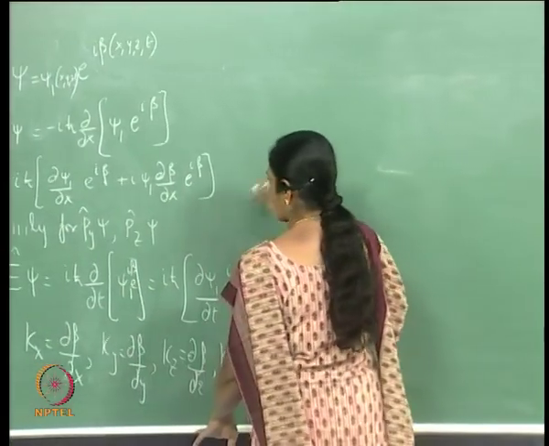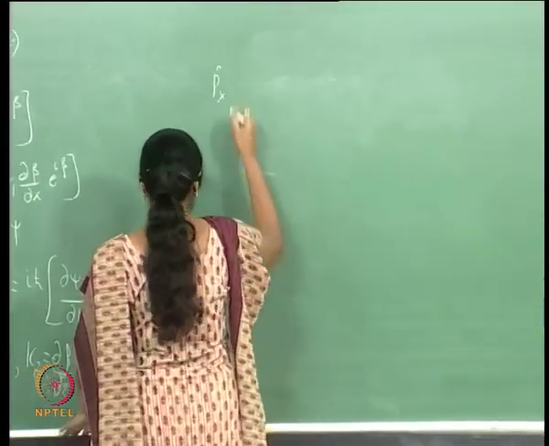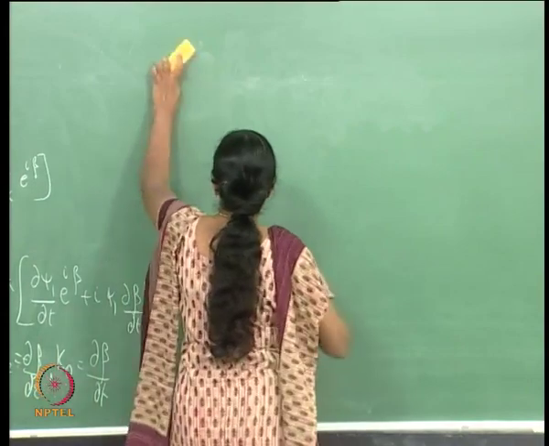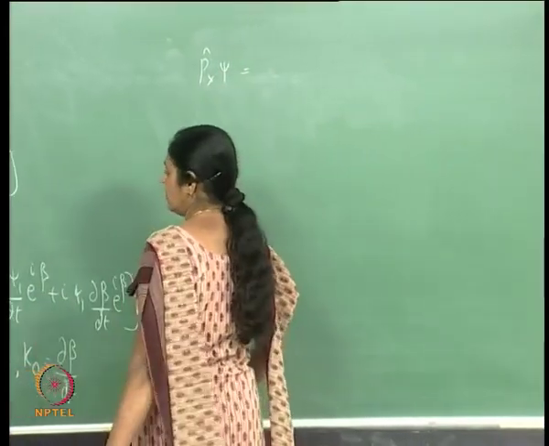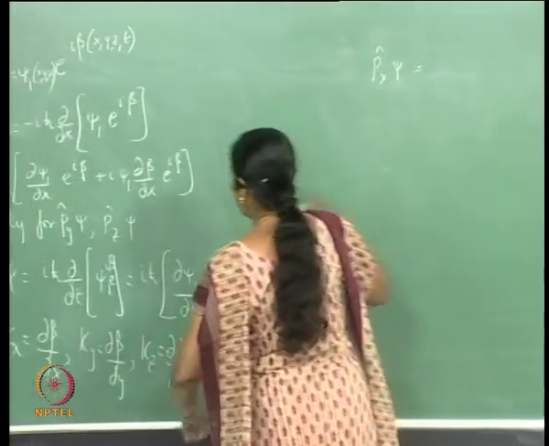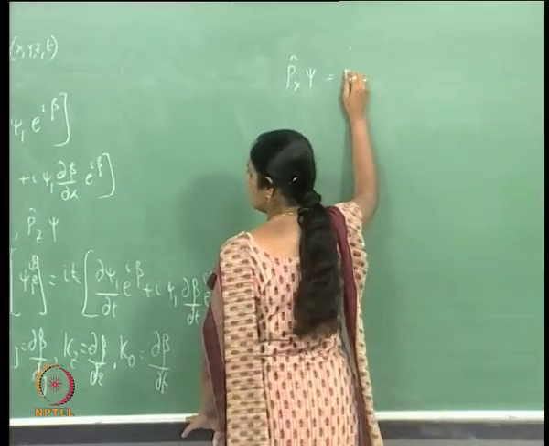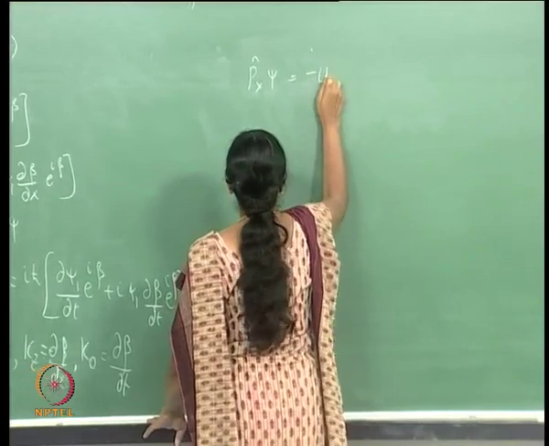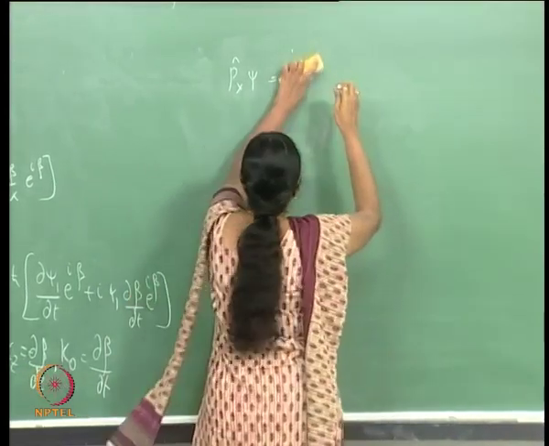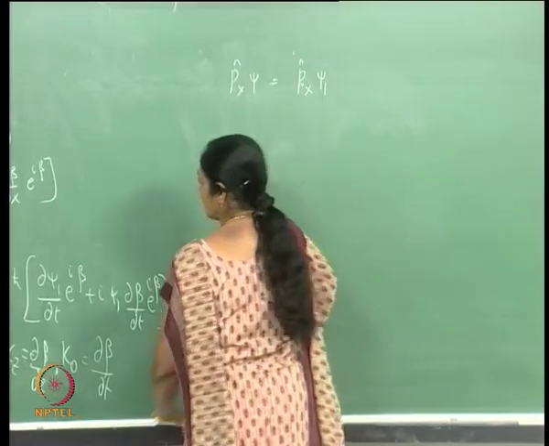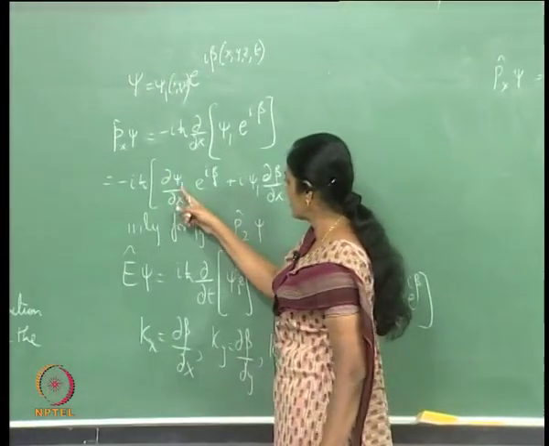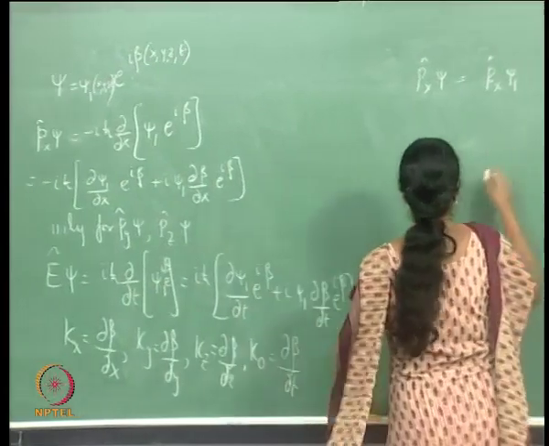So let me look at the structure. Px psi is simply minus i h cross, I can write this as Px psi 1, because minus i h cross delta by delta x psi 1 is Px psi 1.